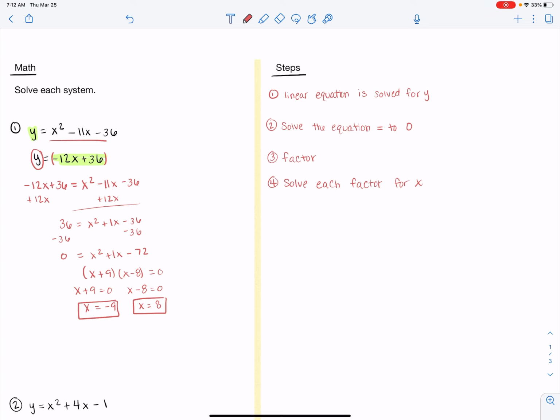Okay, but remember, we're looking for an ordered pair where these two graphs would cross. So in order to be finished, I need to know the x value and the y value of my point.